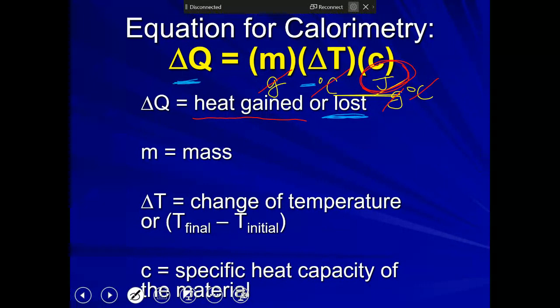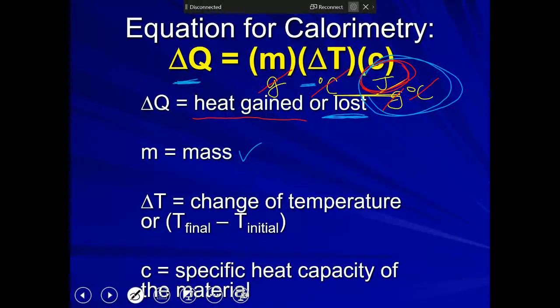So you do have to pay attention to units. As long as this is in joules per gram degrees Celsius, you can use your mass in grams and your temperature change in degrees Celsius. But you do have to watch. Occasionally the masses will be in a different unit, and then you have to make sure that your mass unit matches up. To get the temperature change, you take the final minus the initial temperature. So if something went from 10 up to 20, that's a change of positive 10.